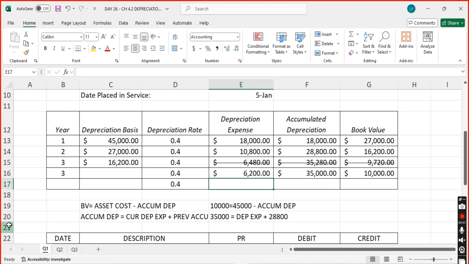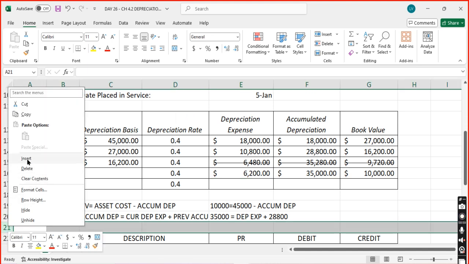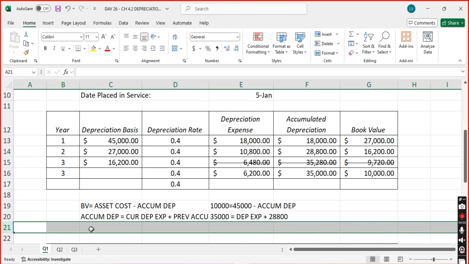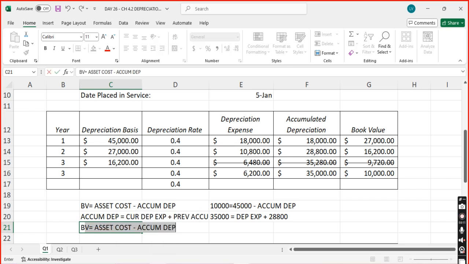Now again, here, the quickest way to be able to solve this is, what's the difference between the two book values? So again, I'm going to put book value for year 2 minus book value of year 3.